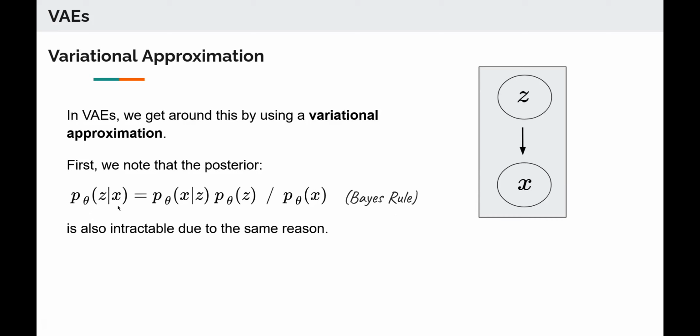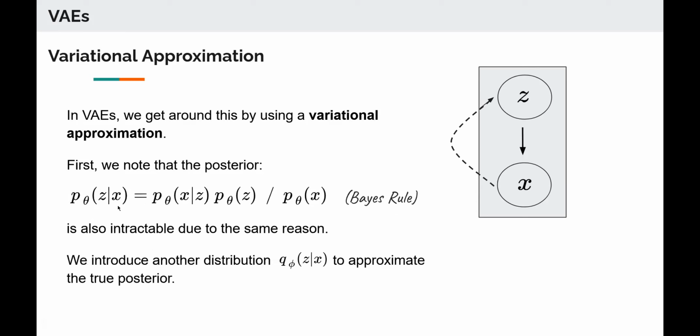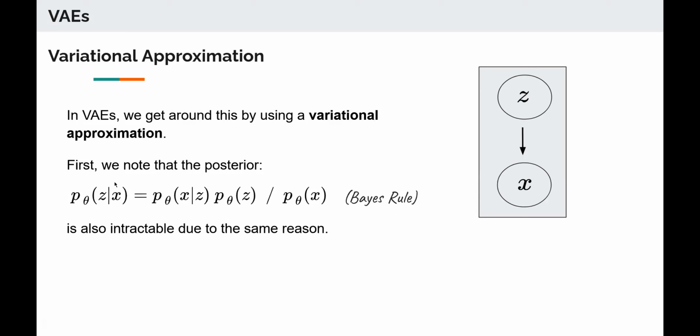You will see why. First we note that we said P of X is intractable, meaning we cannot compute it because of this integral over z's. Now P of Z given X also depends on P of X. So P of Z given X is also intractable for the same reason. So we do not have a way to compute this either.